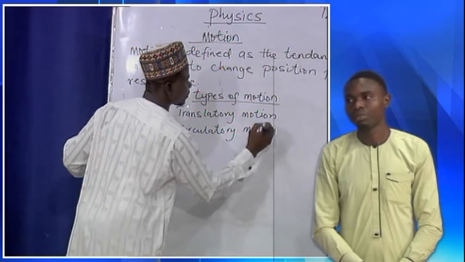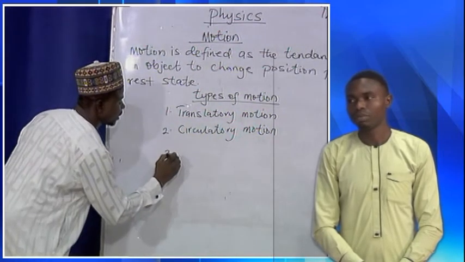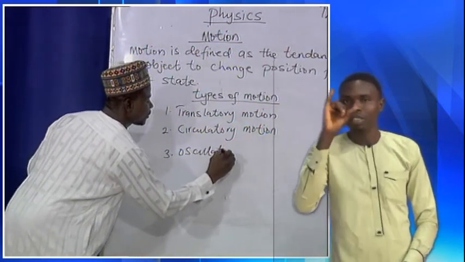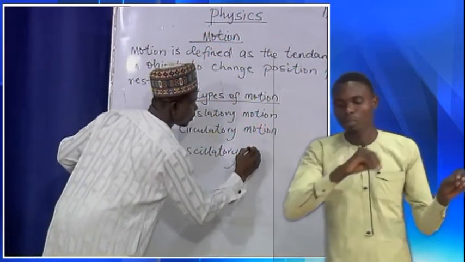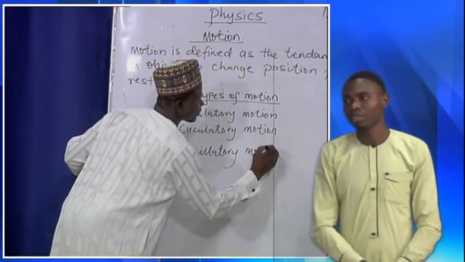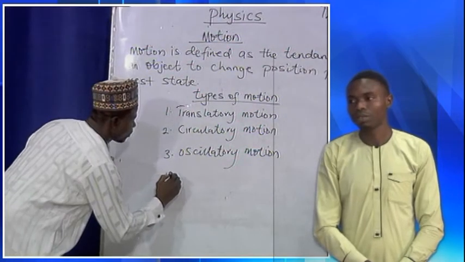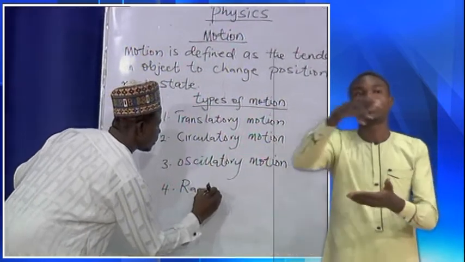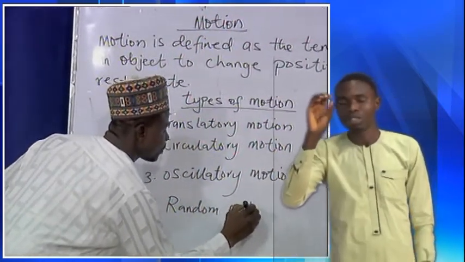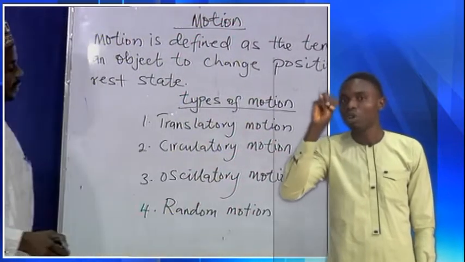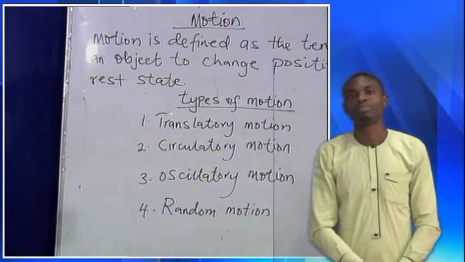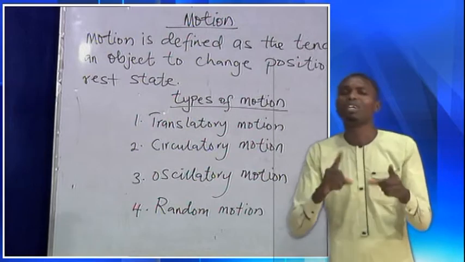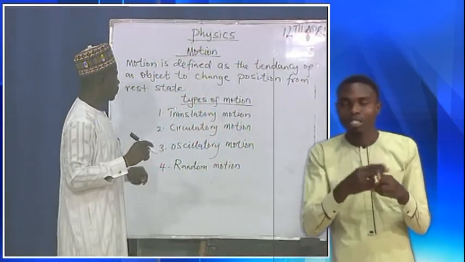Number 3 is oscillatory motion. Oscillatory what, viewers? Oscillatory motion. And then number 4, we have random motion. Right? So before I explain these types of motion, let me give you alternative names of these motions.